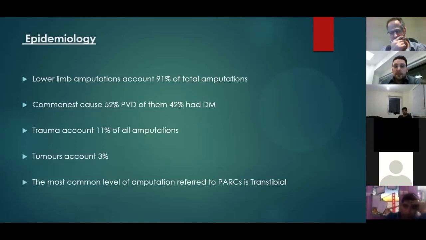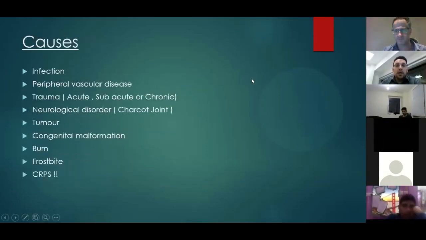The most common level of amputation in the UK, referred to prosthetic and amputee rehab centers, is transtibial, about 50%, and transfemoral about 35%.